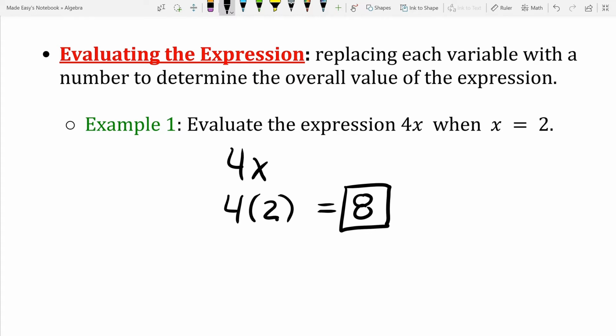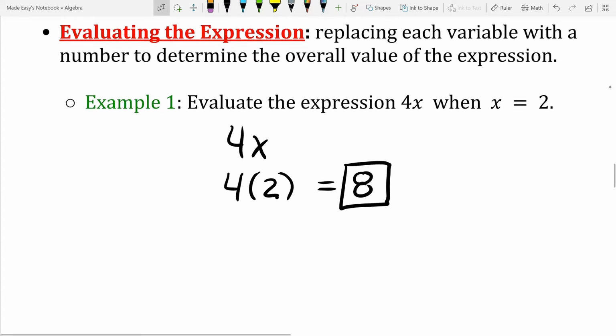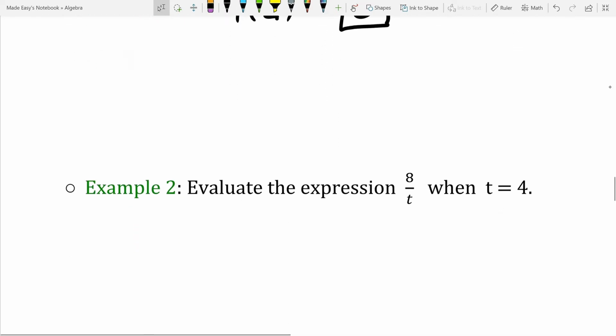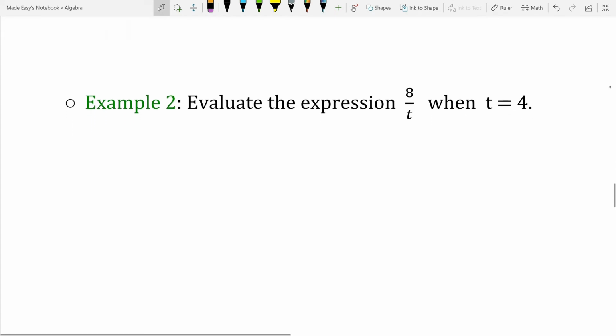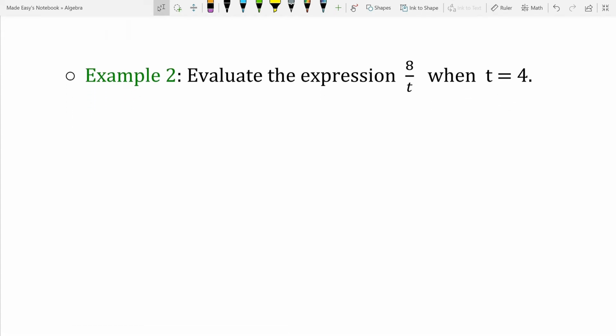Let's do another example. This one is a division. We see we have a fraction here. Evaluate the expression 8 over t when t equals 4. I like to write out my variable expression. So we have 8 divided by t here.